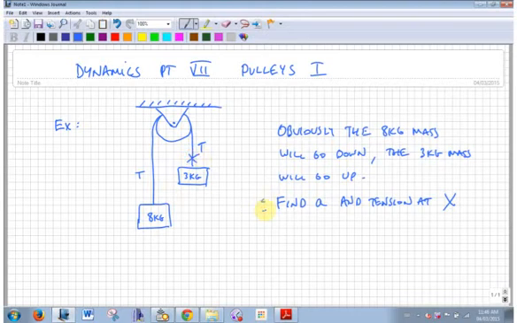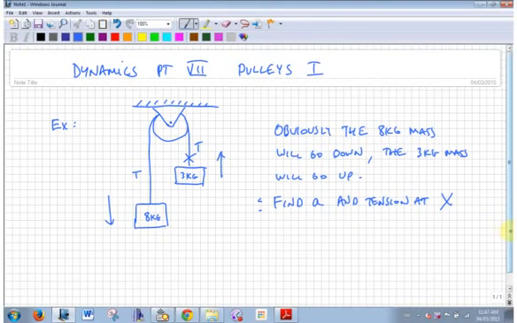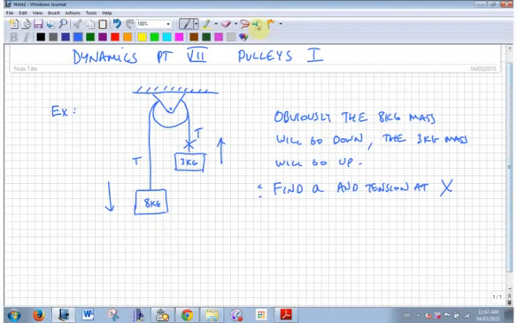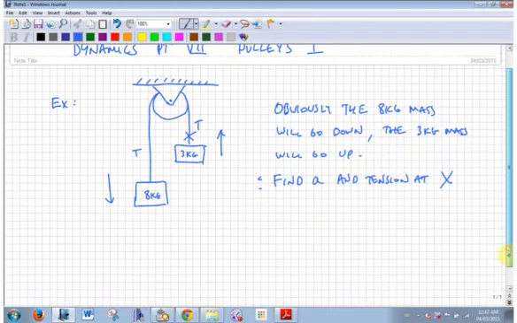Well, the 8 kilogram mass, we know it's going down, will it accelerate down? You bet, because that's how gravity works. The 3 kilogram mass will accelerate up. Is this acceleration equal to that acceleration just in the opposite direction? Yeah, assuming this thing doesn't stretch, and we're going to assume that. So tension's the same everywhere. Acceleration, if you know it on one mass, then it's going to be the same as the other guy, just in the other direction.